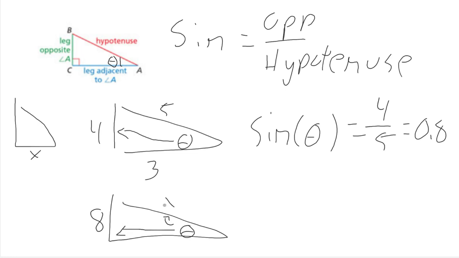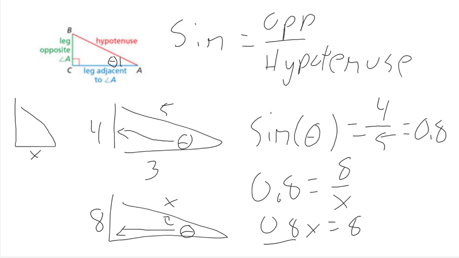Well, we don't know the hypotenuse, but we know the ratio. So 0.8 is equal to opposite over hypotenuse, multiply the x up, and then divide by 0.8. So x is 10. So sine is just a ratio to help us find missing angles. As soon as we figure out one triangle, we can find out all the others.